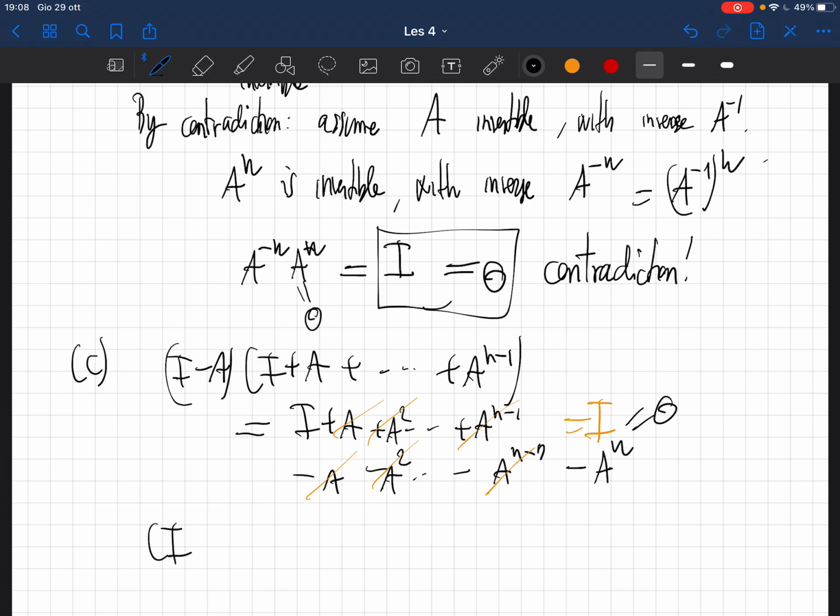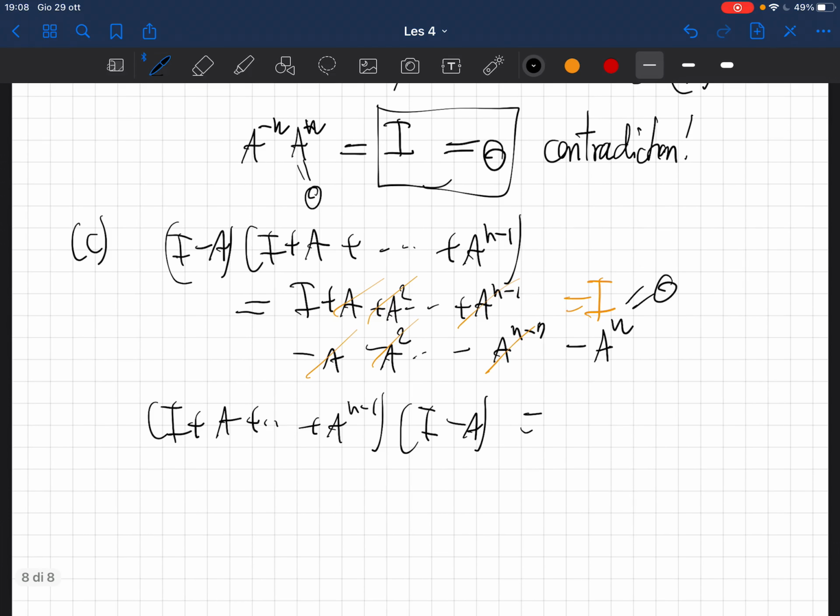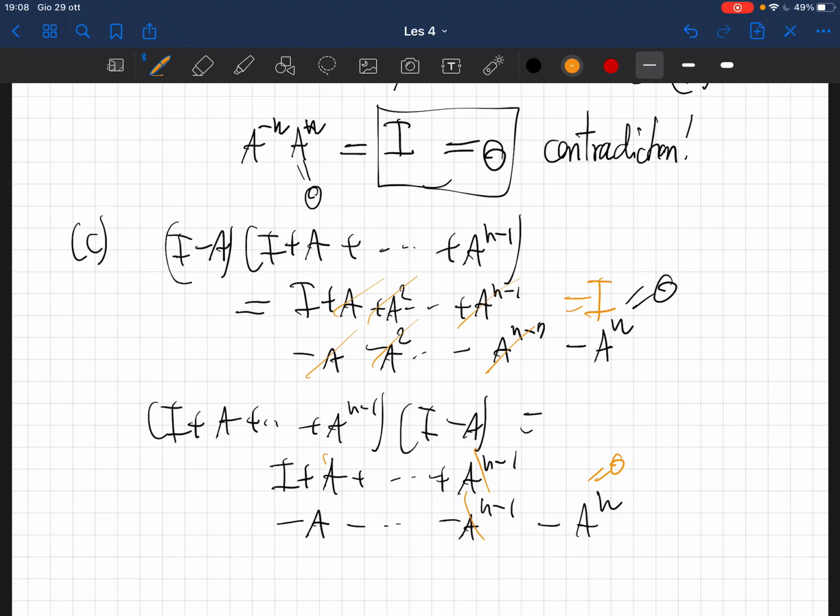On the other hand, if you do just this, it's actually the same thing. So again, precisely the same thing: minus A, etc., minus A to the n minus 1, minus A to the n. So again, this is 0, and this goes away, and you're left with the identity.